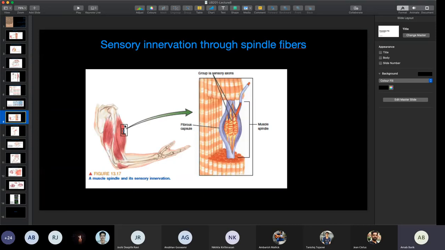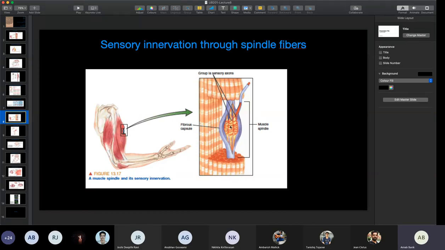And how about the sensory innervation? When you are moving your arm, how does your brain understand where your hand is, so that it knows what to do to move from spot A to spot B? How it happens is that the muscle fibers are innervated by sensory neurons called proprioceptors in the spindle fiber.